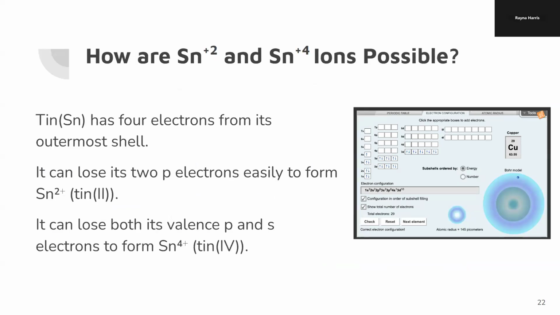Okay, so 10, it's in the 5th row. It has 2 5s electrons and 2 5p.